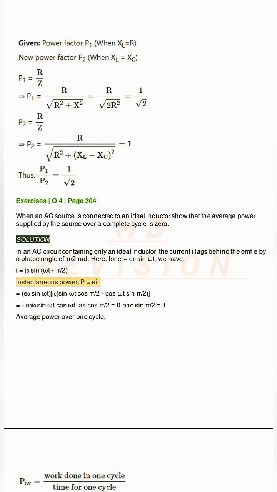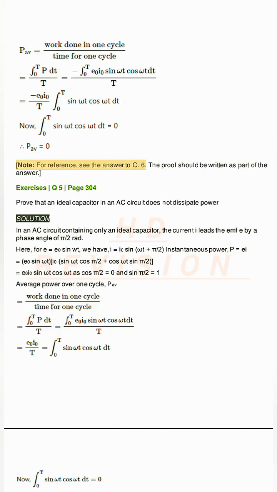Instantaneous power, P equals E I equals E0 sin ωt × I0 sin(ωt − π/2) equals E0 I0 sin ωt (sin ωt cos π/2 − cos ωt sin π/2) equals −E0 I0 sin ωt cos ωt, as cos π/2 equals 0 and sin π/2 equals 1. Average power over one cycle. Note: for reference, see the answer to Q6. The proof should be written as part of the answer.